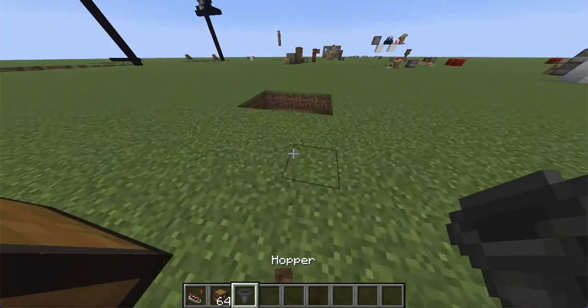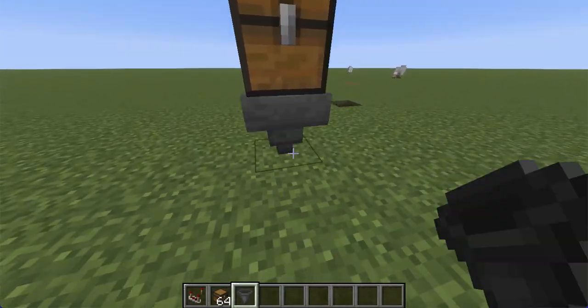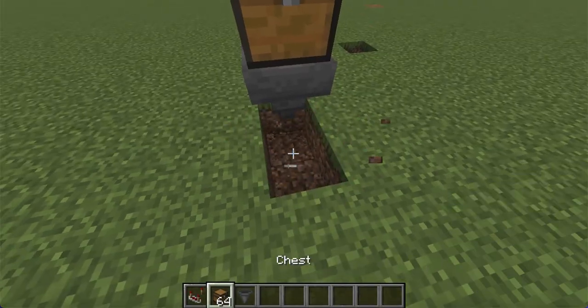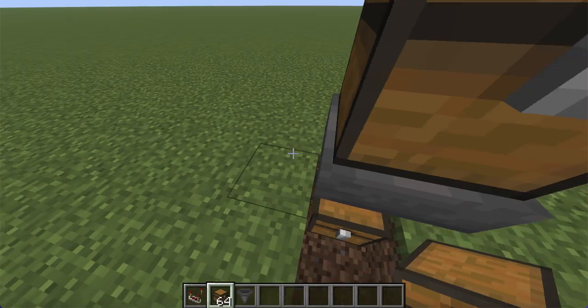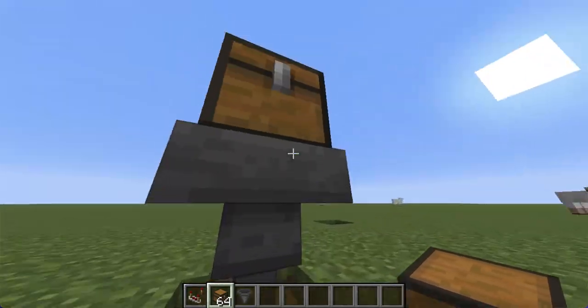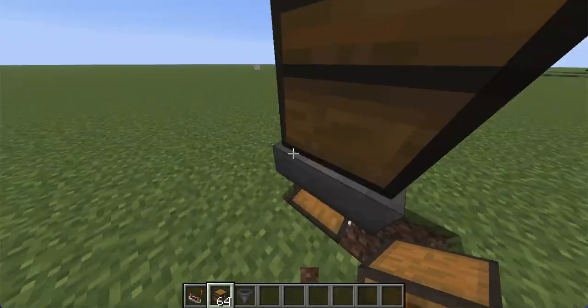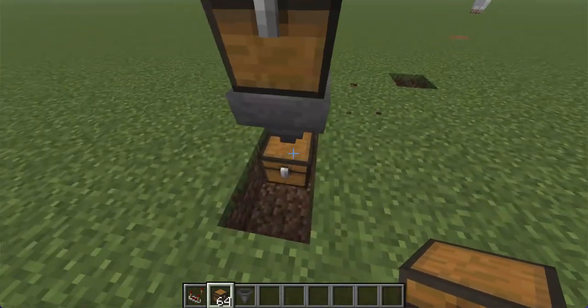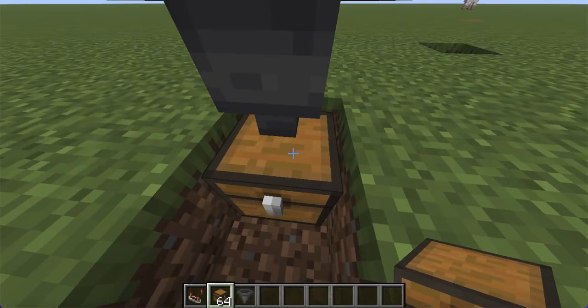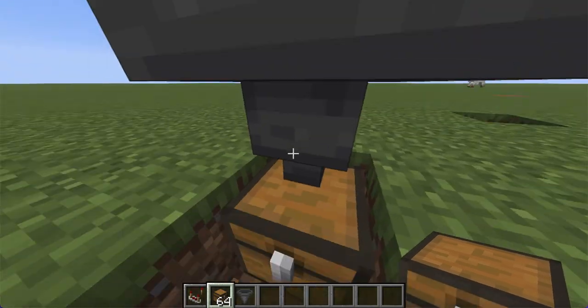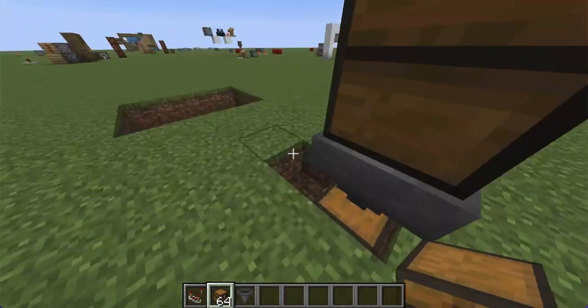Okay, so that hopper is going to connect down into there, with the chest going into here. Now, we do know that items in a chest can give off a signal. This signal we can use to trick this into thinking that it's full, maybe, and then going into that chest.